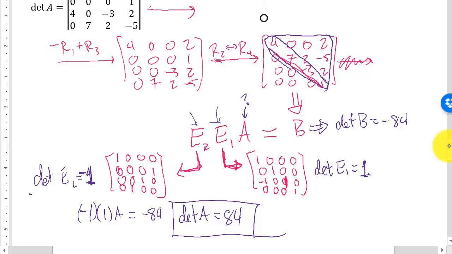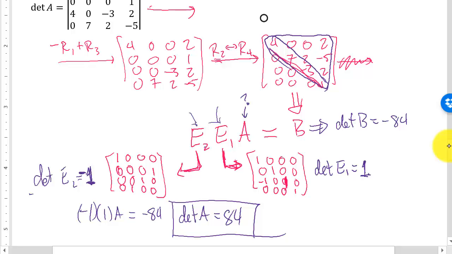According to the multiplicative property for determinants, we just need to keep track of these elementary row operations, and they're either going to be 1 or -1 or some constants, depending on if we multiply a row by a constant or anything like that. And then that's going to help us find our determinant.